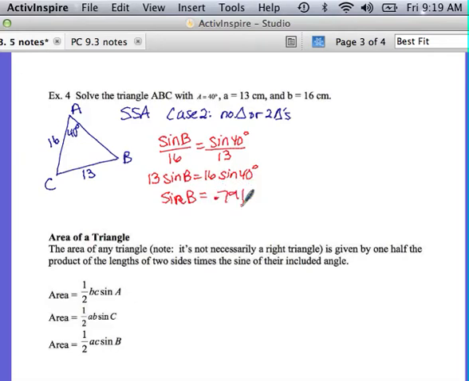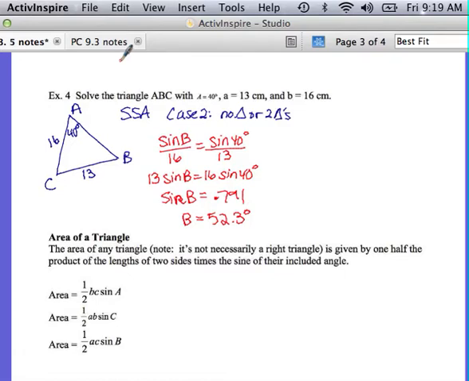And that's good. When you look at sine B equals 0.791, I know the graph of the sine function oscillates in the range between -1 and 1, so this is okay. And I'm getting angle B to be 52.3 degrees. So it worked. That means when it's side-side angle, case 2, and it works, you actually have 2 triangles.